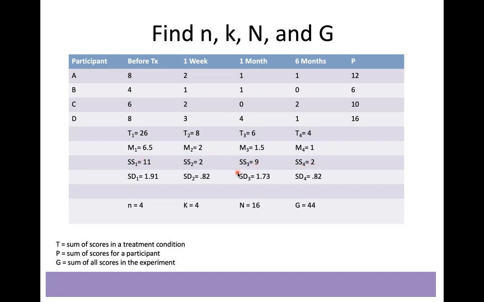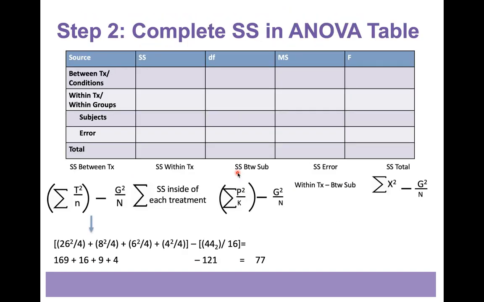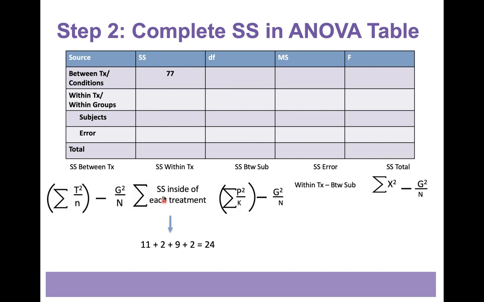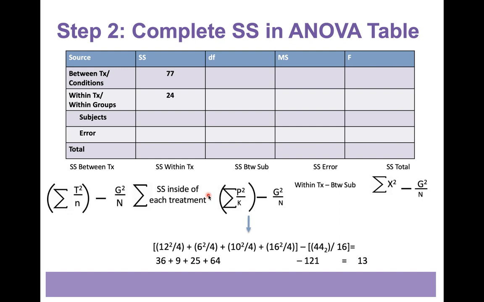So if I want to know the total amount of variability within my treatment conditions, which is what this is, then I just take each sum of squares and I sum them. That's the sum of every sum of squares inside of each treatment. So my 4 treatment sums of squares, 11 plus 2 plus 9 plus 2, gives me 24.